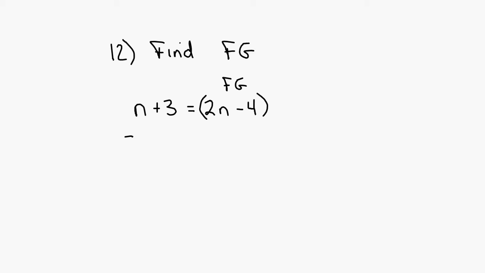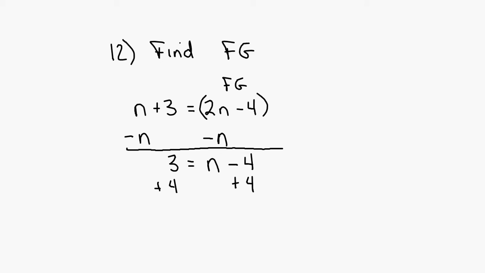If you subtract n from each side, then 3 is going to equal 2n minus 1n, that's just an n, minus 4. If you add 4 to each side, then 7 is equal to n. Now, make sure you read the questions carefully.